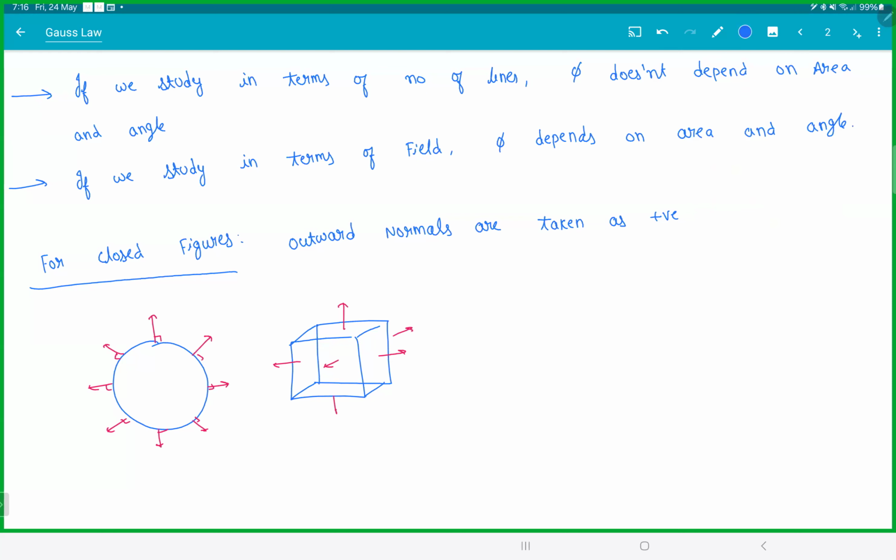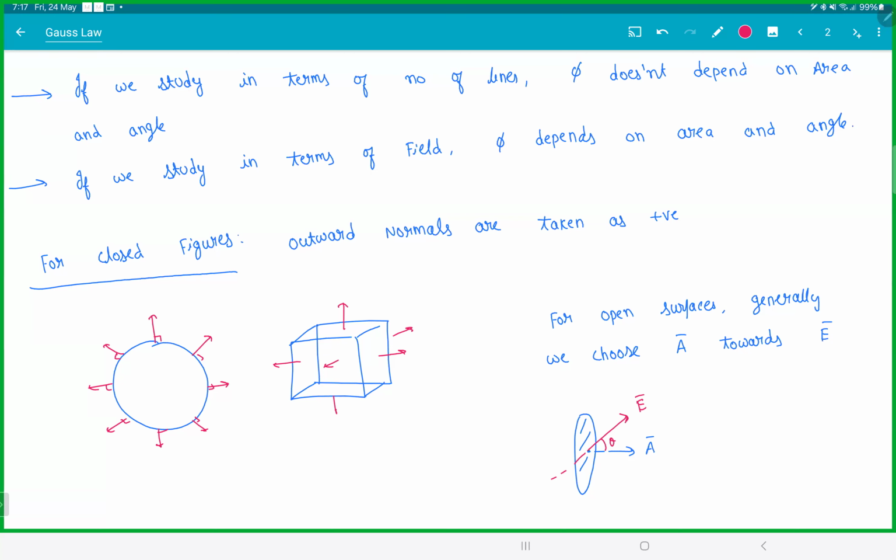And if you have open surfaces, you can choose anything. But generally, we choose in the direction of E bar. Whichever side E bar is there, we try to take in that direction. It should be perpendicular. So if you give me something like this, I will choose A bar this way. If E bar is this way, basically I try to keep the angle acute. And there is nothing like that.